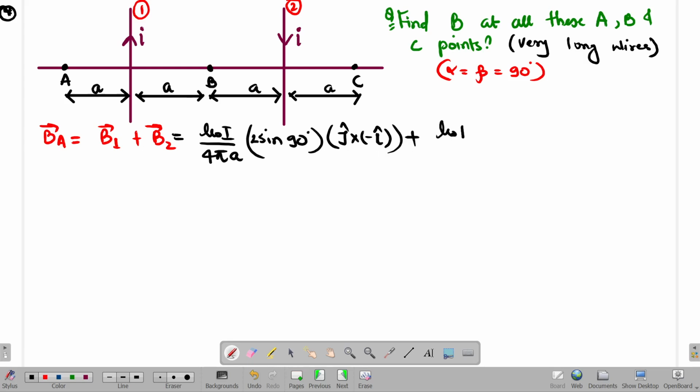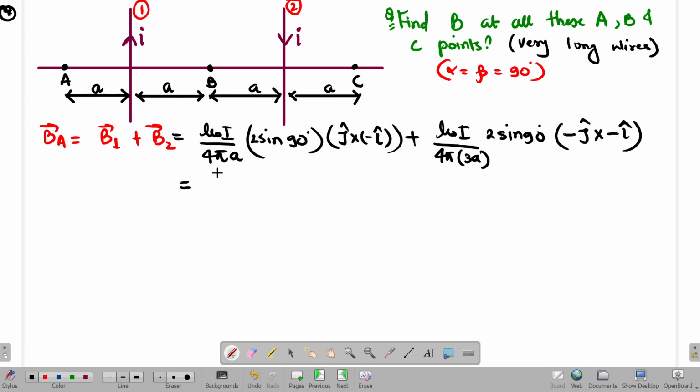Plus due to the second wire, this distance has been increased or not? This is a plus a plus a, 3a. So mu naught I by 4 pi into 3a, 2 sine 90, and L cap this time is going to change. It is minus J cap cross minus I cap. Are you able to get me?